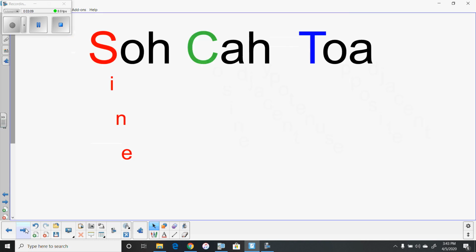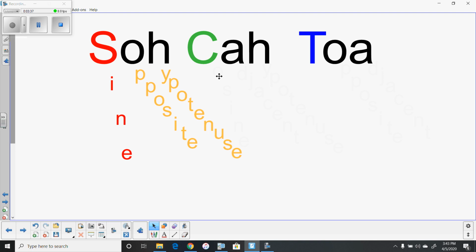Okay. So to review, we've got a very useful phrase called SohCahToa, and it's a way that we can remember what sine, cosine, and tangent mean. Sine is the opposite over hypotenuse. So if I just remember SOH, I can remember that sine equals the opposite over hypotenuse.